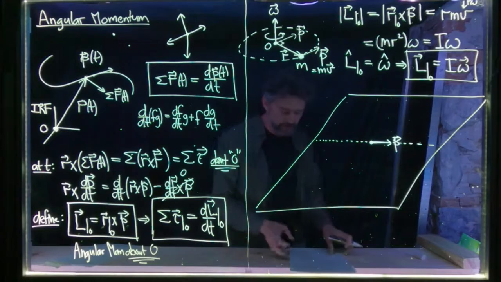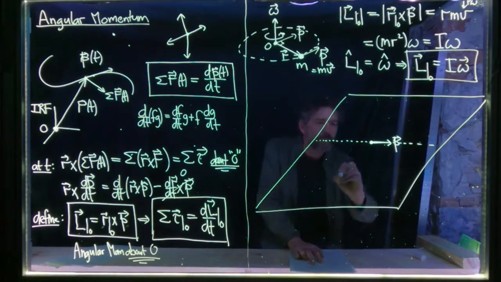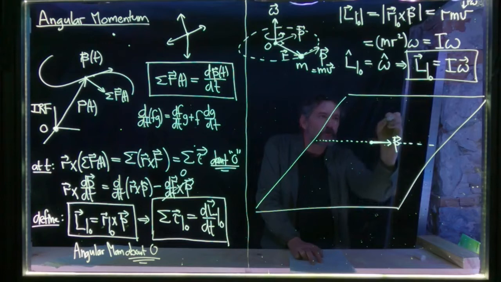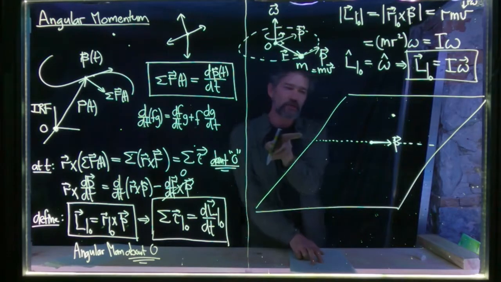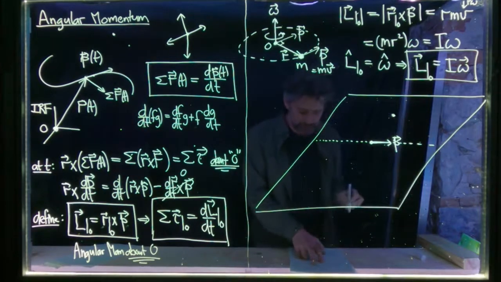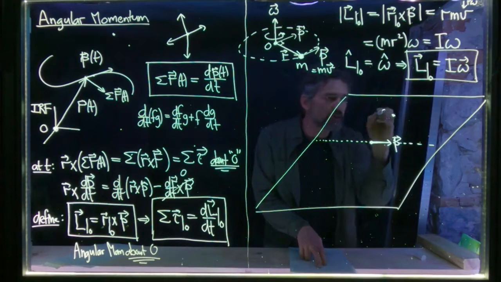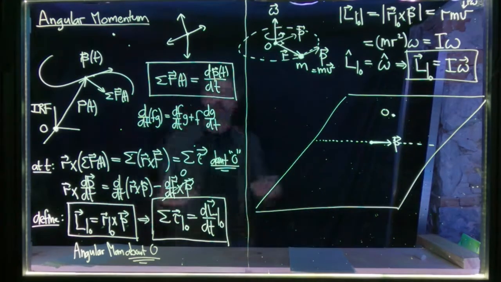So let me illustrate this. Suppose we evaluate the angular momentum that the object in linear motion has about that point O. Here's a point O. To evaluate that, we have to go r cross p. Well, what r?